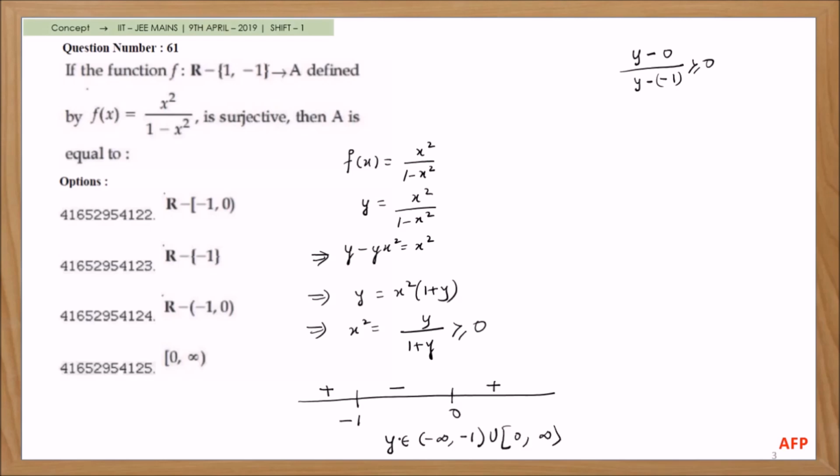So this is the range we got, which can be rewritten as y belongs to R minus [-1, 0). So option 1 follows.